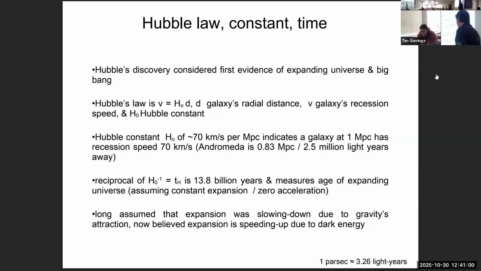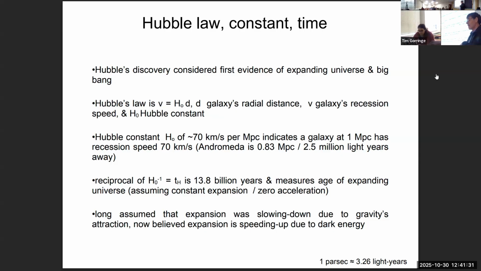So it's the recession velocity, 70 kilometers per second per megaparsec distance from us. It specifically means that supposing you're a galaxy that is 1 megaparsec away from us, Earth, then we would see that galaxy receding at 70 kilometers a second from us.